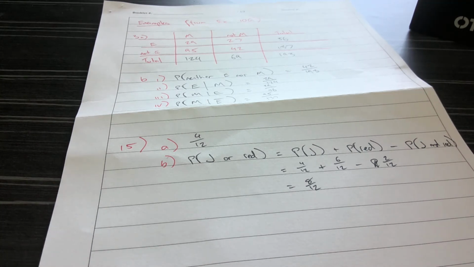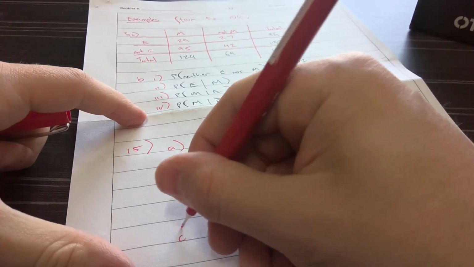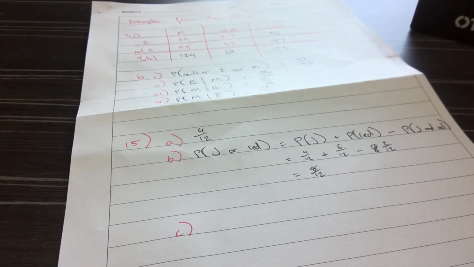And then lastly, what's the probability that the next card drawn is a Jack? Assume that the first card was not replaced. What we're assuming here is that the first card was a Jack.